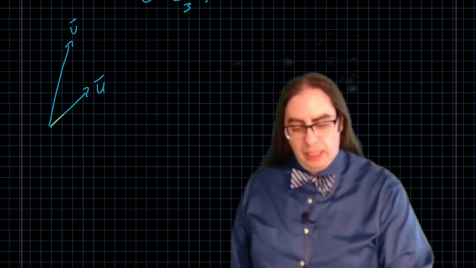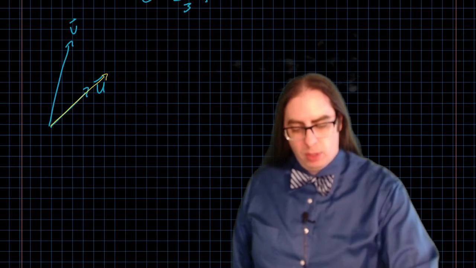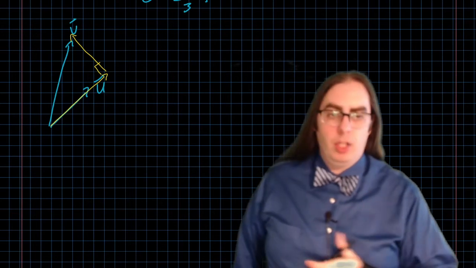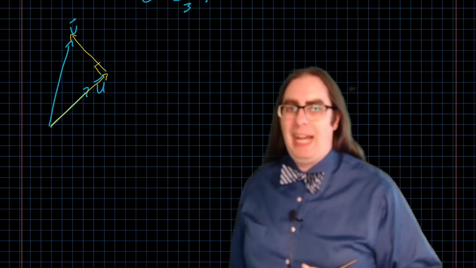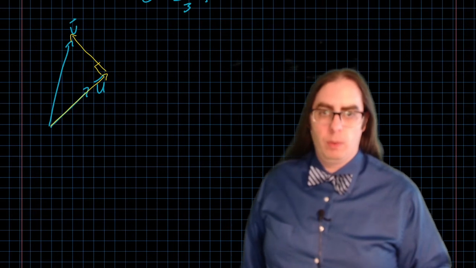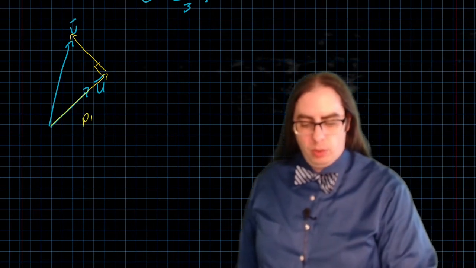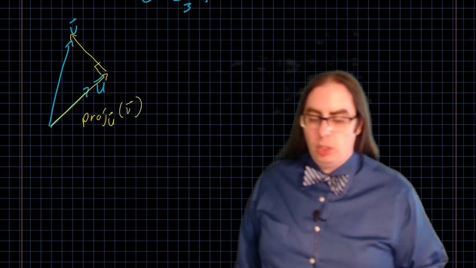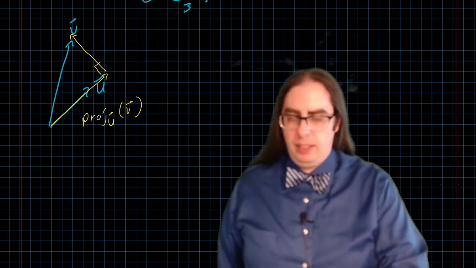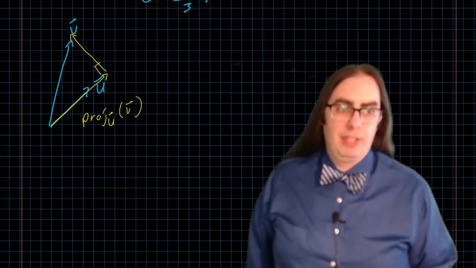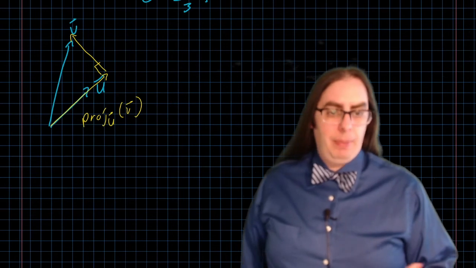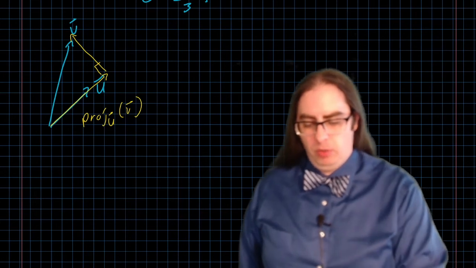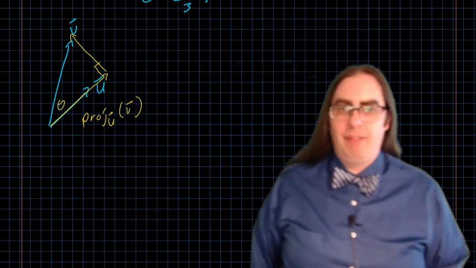So I can look at vector v as being a path along vector u and then a path perpendicular to vector u. We call this the projection onto u of v, and then the other part we don't really care to give a name to, but we can break that up into components. And figuring out how to break that up into components is pretty easy now that we have an angle named here.